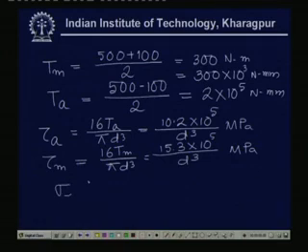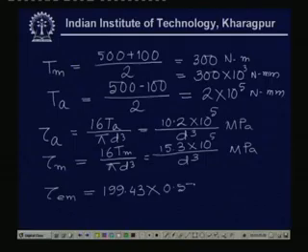So, what we will be doing in this case, sigma, oh sorry, this is not sigma, this will be your shear stress. So, tau endurance limit for material will be how much? Everything remains the same as we have assumed, only a load factor will come into picture.